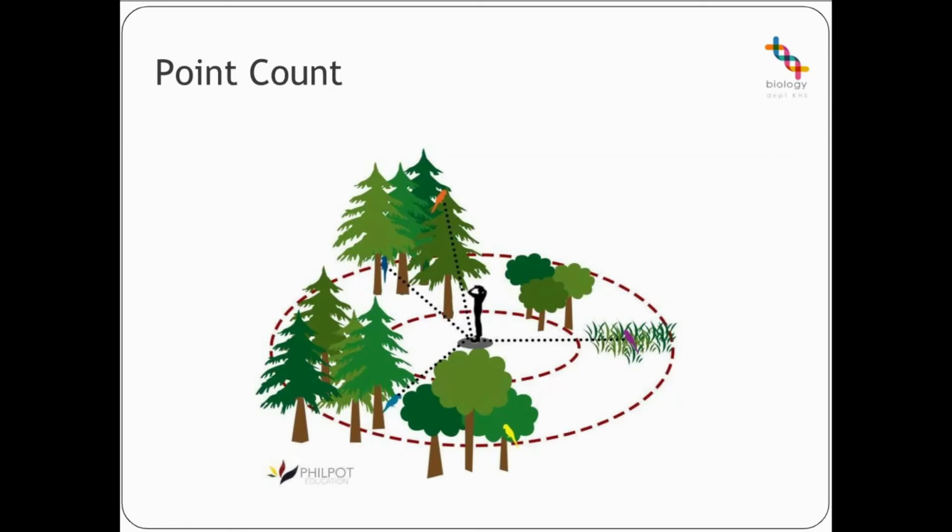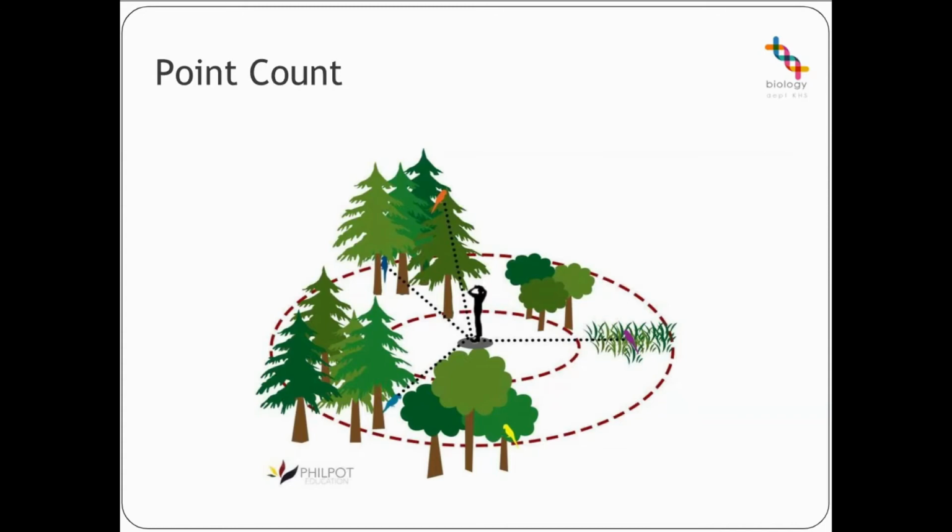So you might have one observer counting all the birds seen or heard during a particular time within a certain area. And it might be quite important to know whether or not this has been done on what we would refer to as a limited radius.